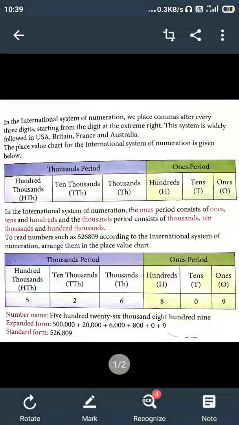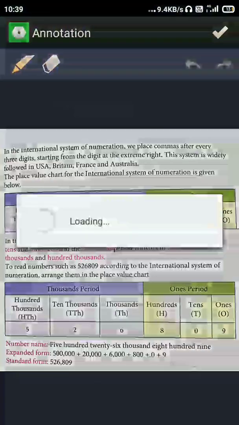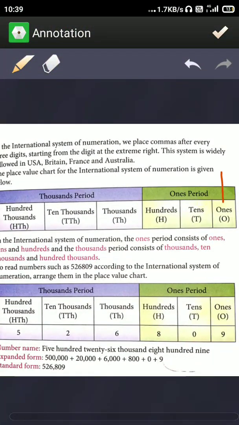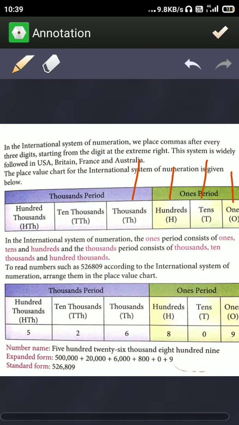What is the international system of numeration? In the international system of numeration, there are ones, tens, hundreds, thousands. But after 10,000, there is no lakh. There is 100,000. So in the international system of numeration, a comma is placed after every three digits.